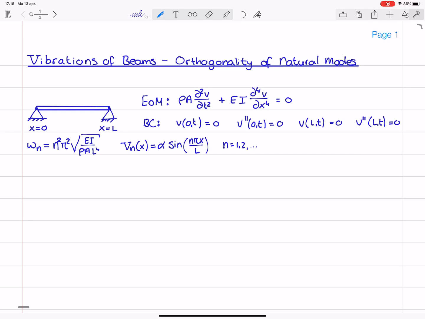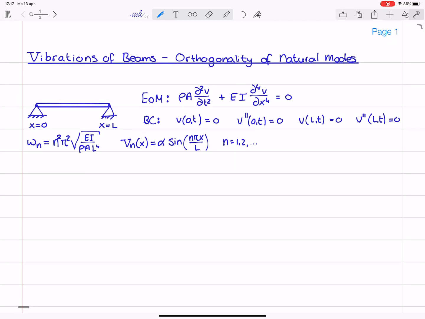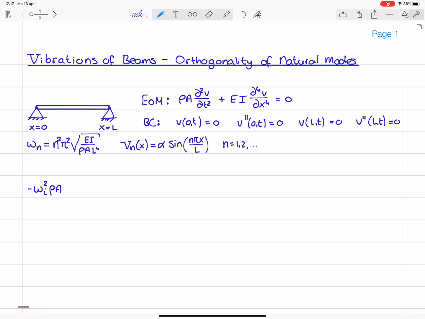So let me pick now two sets of natural frequencies and modes, omega i, Vi and omega j, Vj. They satisfy the following equations. We have minus omega i squared rho A times Vi plus EI times Vi fourth derivative, that is equal to 0.